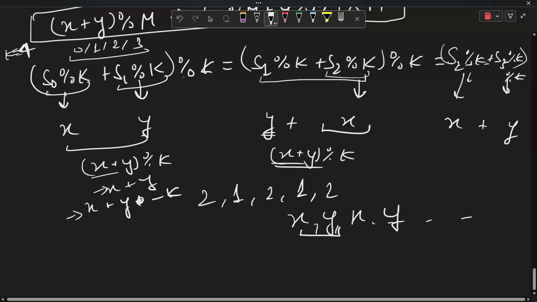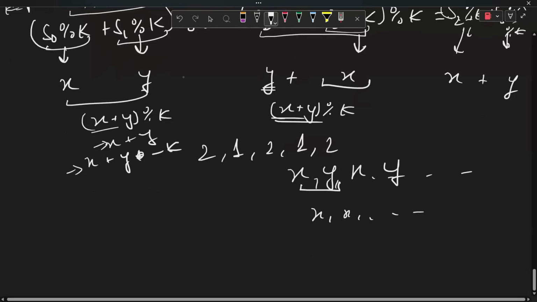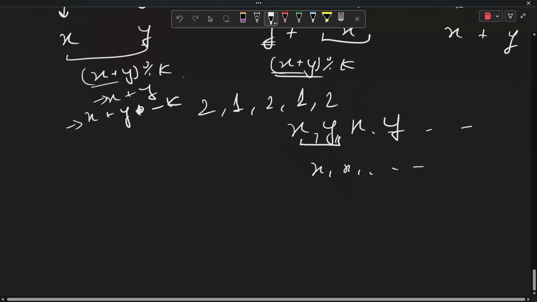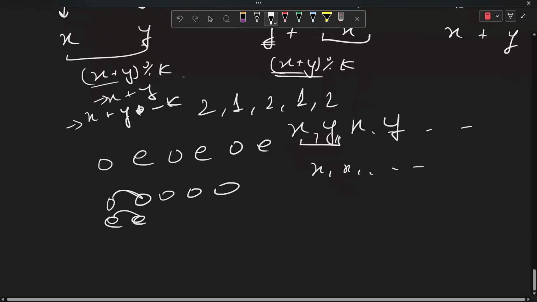And if this x and y are equal, you would have an x sequence. That's what was happening in the previous question. If you had odd even, then you had odd even, odd even, odd even. If you had odd odd, both x and y were the same, so you had all odds. If you had even even, both were the same, that's why you had all even. So you can understand the previous question also from this case.